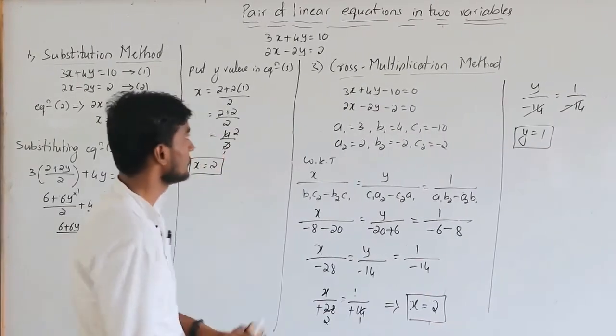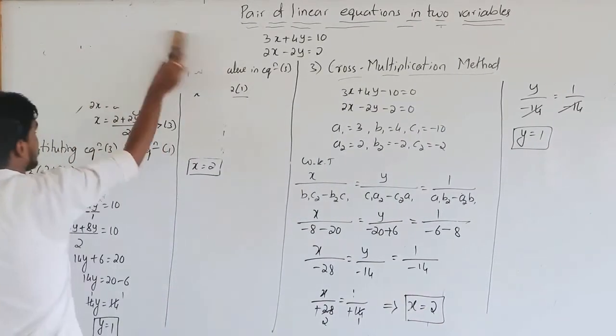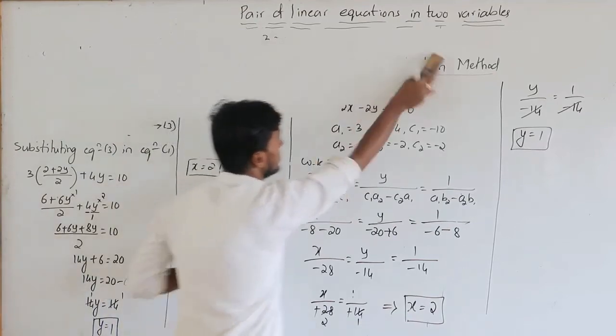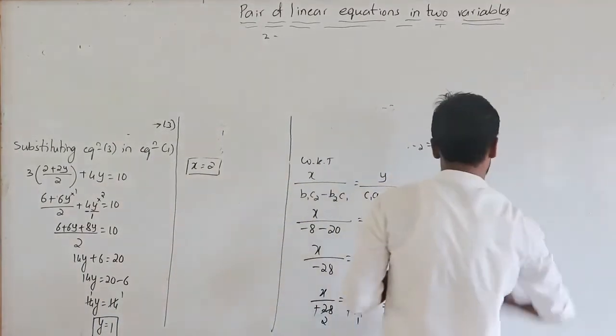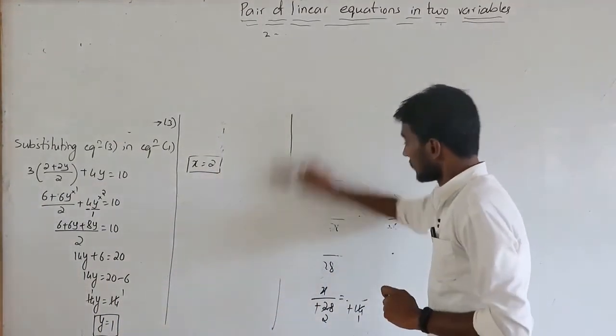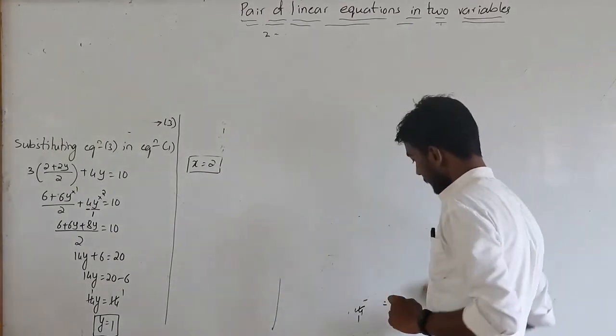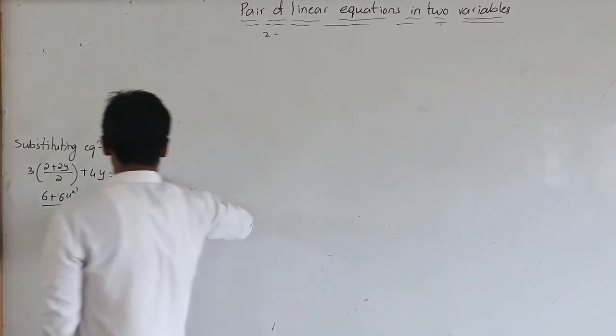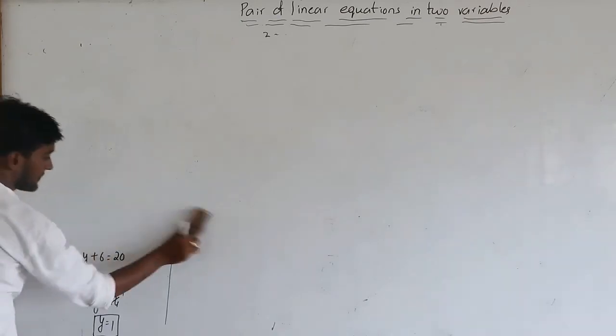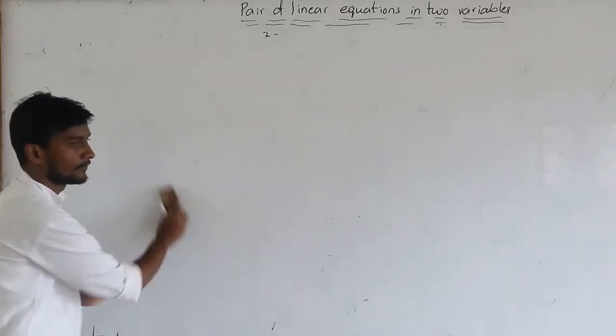So like this, you have to solve all these. Next, in the exam, you are getting totally 8 marks from this chapter. One is a 4 marks question, which is very important, that is the graph. Graph you are getting definitely for 4 marks.